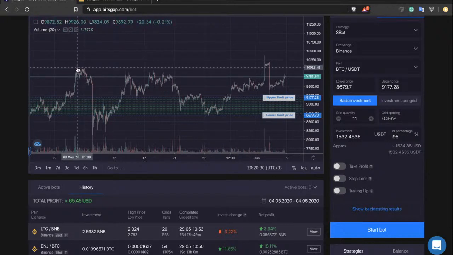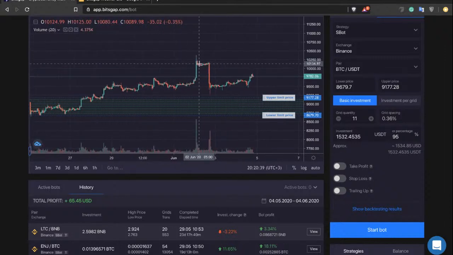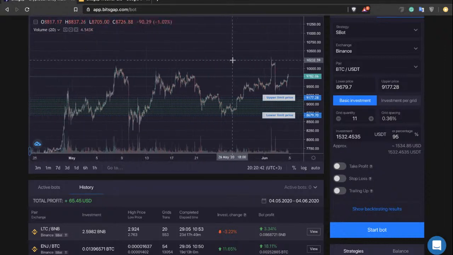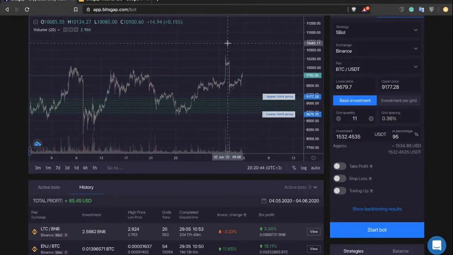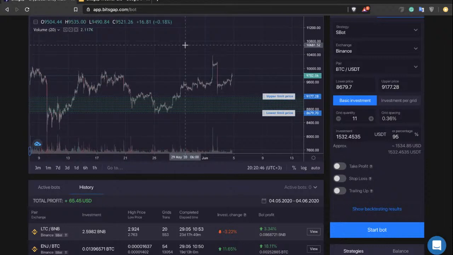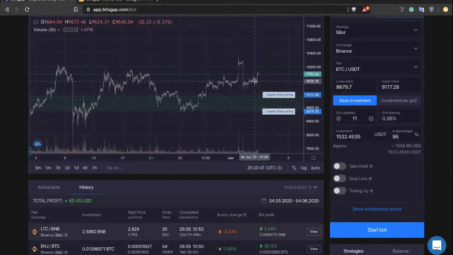Well, the first condition was met. It breached the 10,000 resistance level, but after 15 hours it fell again.